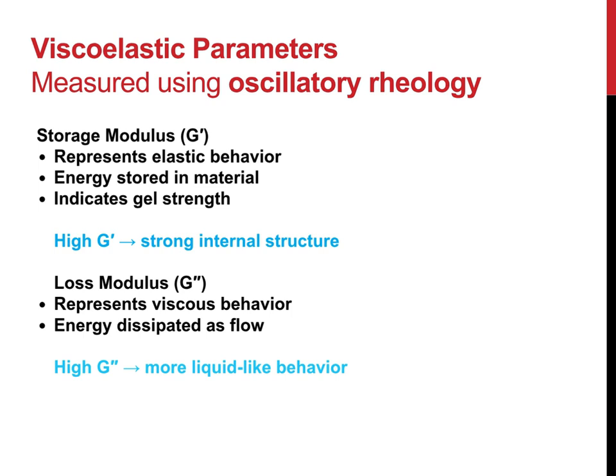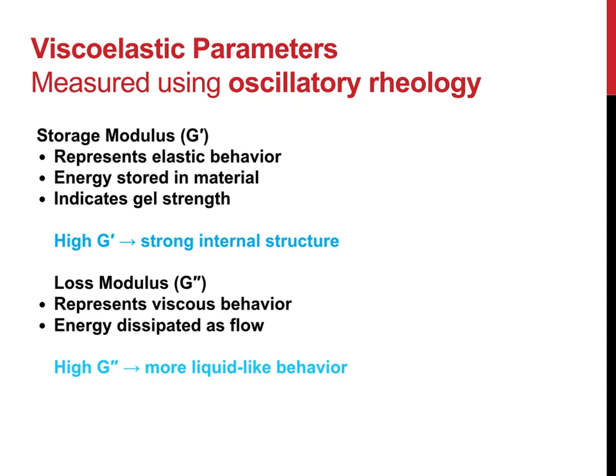When you do this oscillatory testing, the rheometer will generate two results. One is called the storage modulus, with the symbol G prime. This storage modulus represents the elastic behavior, meaning the energy stored within the material. It indicates the gel strength. So when you have a high G prime, it means the internal structure is strong.